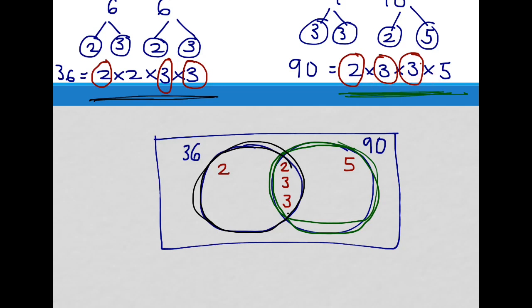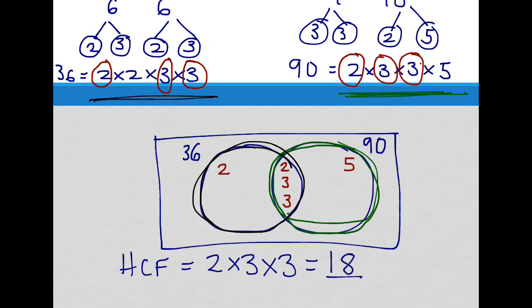So to find our highest common factor, we can write 2 multiplied by 3 multiplied by 3. And if you can work that out, so 2 multiplied by 3, that's 6. Multiplied by 3 again, that's 18. 18 is our highest common factor.